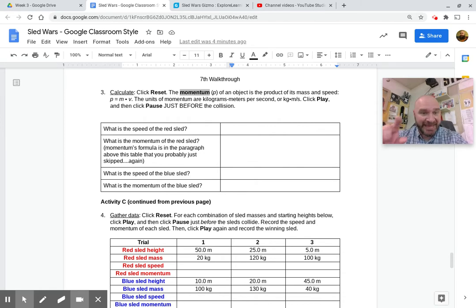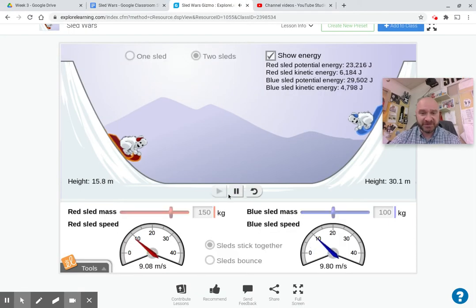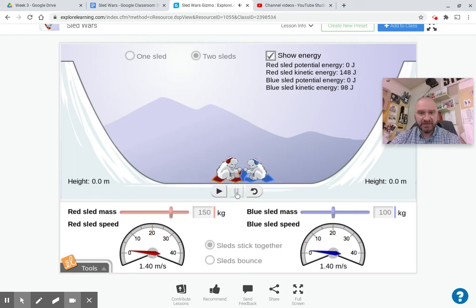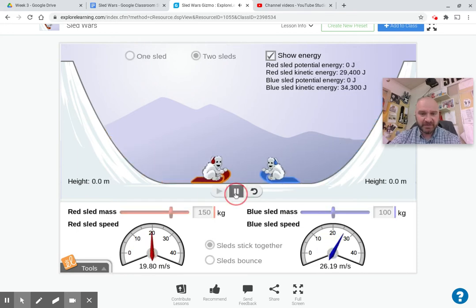Click play and then click pause just before the collision. And so we're going to be looking at the speed before the collision. Oh, I didn't get it. Reset. Okay, this is just before the collision.